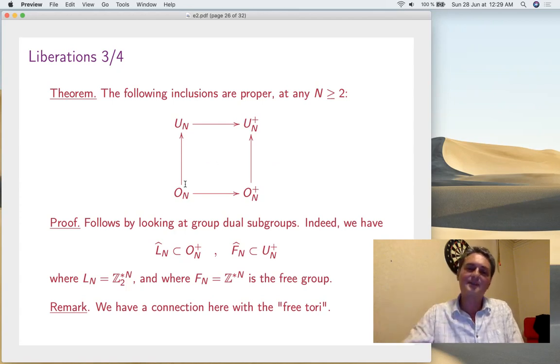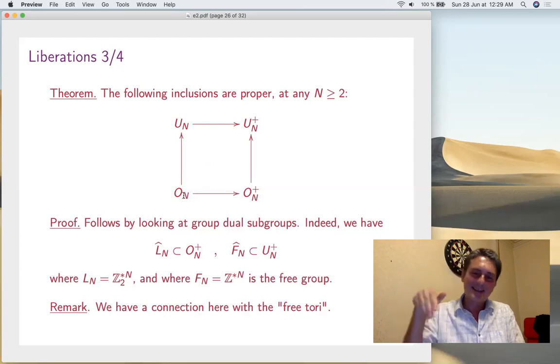So they're all different. Well, it's just a proof. I mean, we already know this from product operations, but why this proof is interesting is because you have here exactly the tori we were talking about last time. So if you look at these diagonal group duals, you have here a cube, a torus. So the dual of this is what we're calling the free cube. The dual of this is what we're calling the free torus.